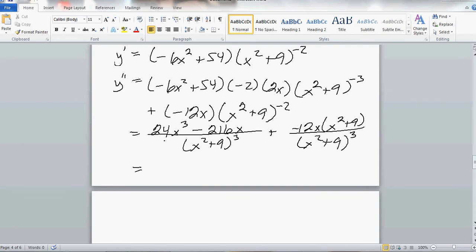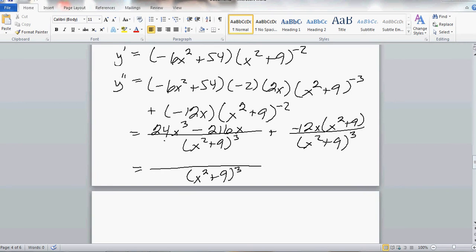And so this will all equal, going to do two steps here, save a little bit of time and some space. I'm going to go ahead and distribute over here and combine any like terms. So I look at it and I've got 24x cubed here.